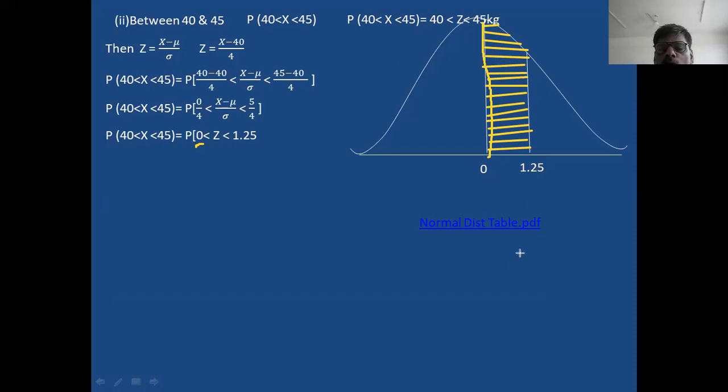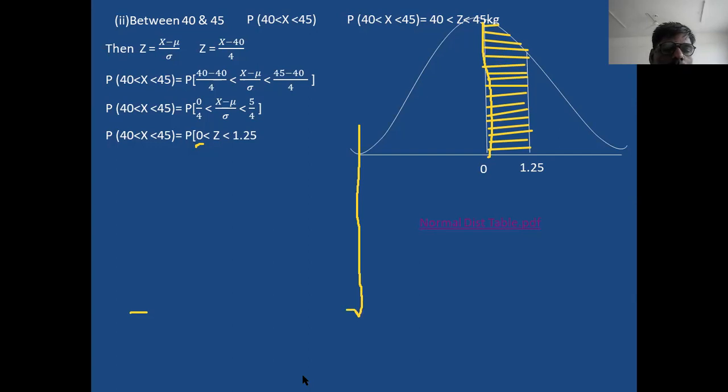So you go to the normal distribution table. In the normal distribution table, you find the value of 1.25. This is the normal distribution table. In this table, you see here 1.2 is here, and the fifth column. You will come like this.